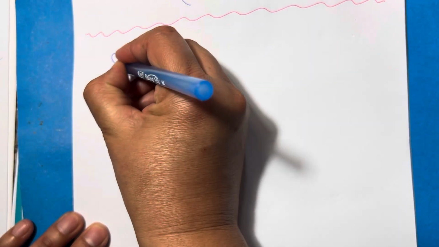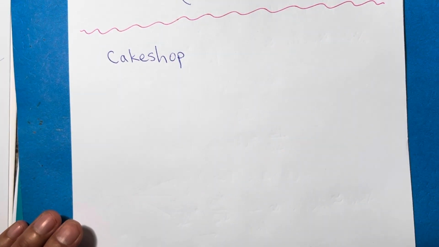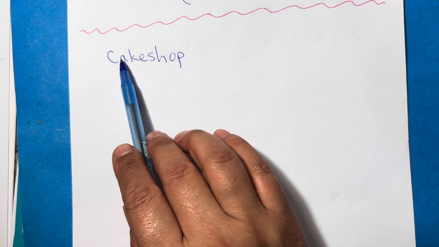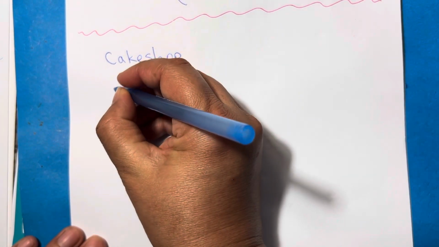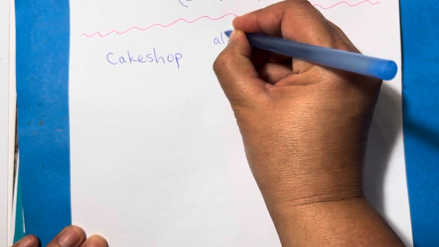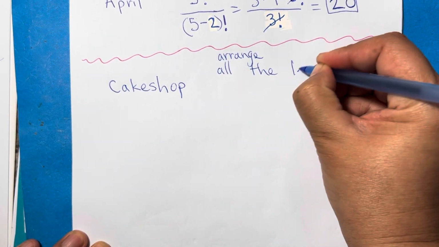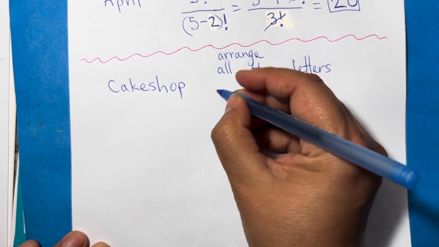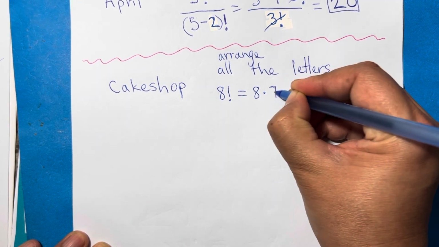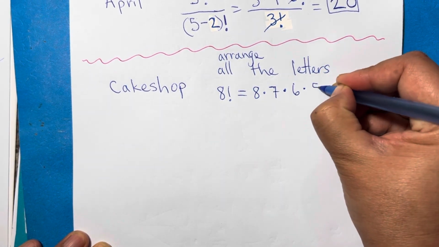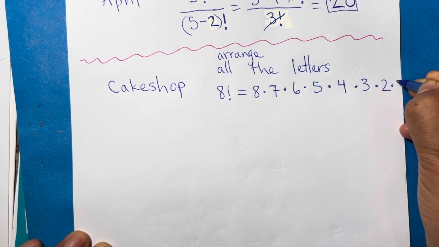Okay, for the next one is going to be cake shop. How many letters are in cake shop? 1, 2, 3, 4, 5, 6, 7, 8. So that means that if we are going to arrange all the letters, then we're going to do a factorial. 8 factorial means 8 times 7 times 6 times 5 times 4 times 3 times 2 times 1.